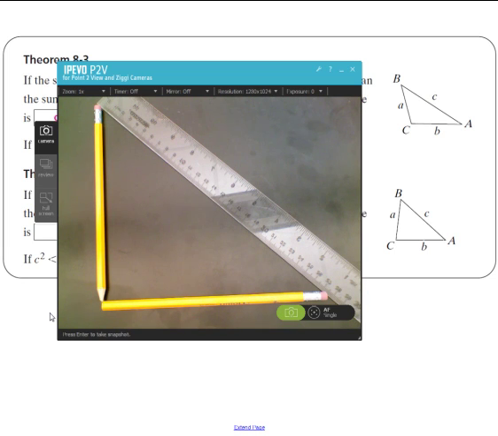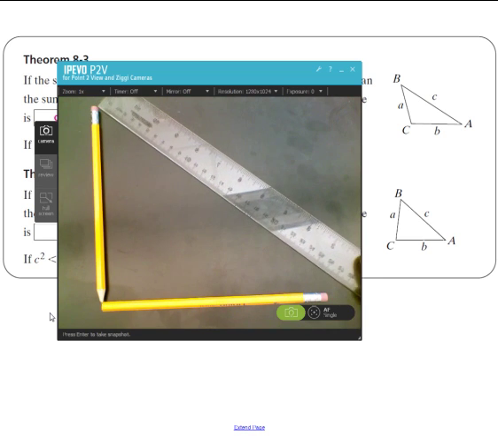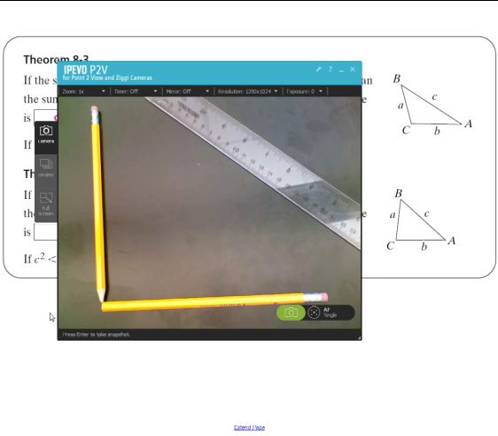The way I have it set up, I know it's hard to see because it's backwards, but it's at about 27 centimeters. Okay, so right now it's at 27 centimeters. Now, if I were to deviate from 90 degrees and make my angle bigger, so if I were to move the pencil so that they're no longer at a 90 degree angle and they're bigger, I'm going to pull the ruler away here for a second.